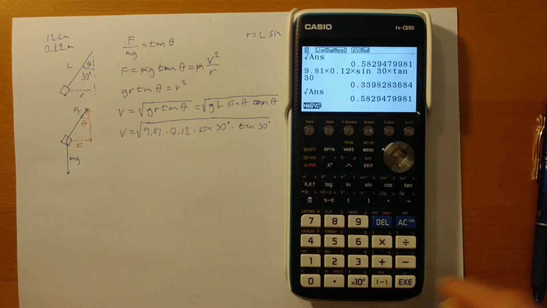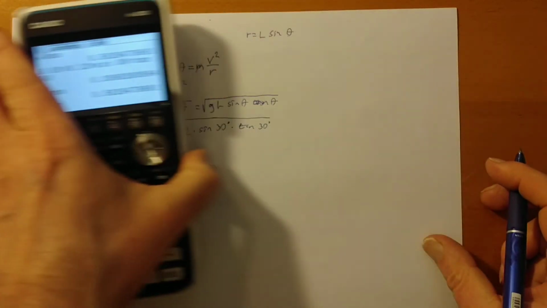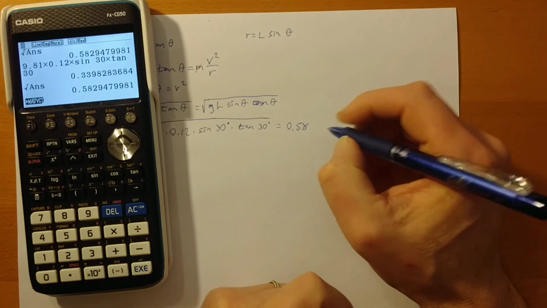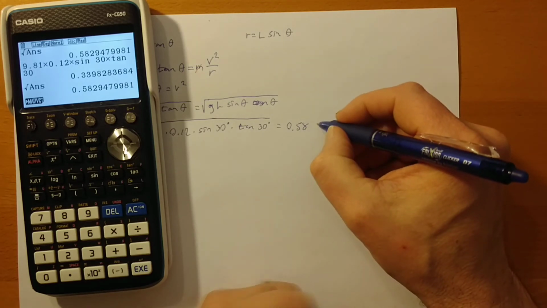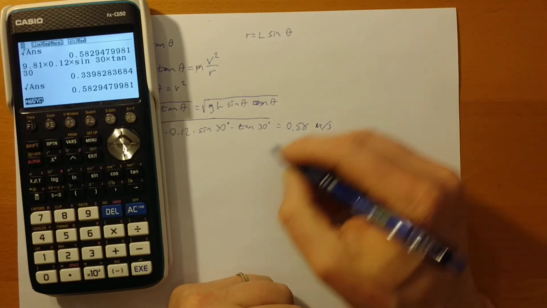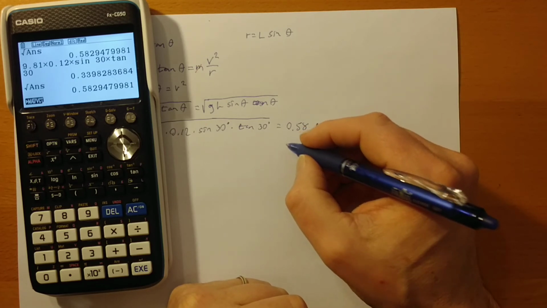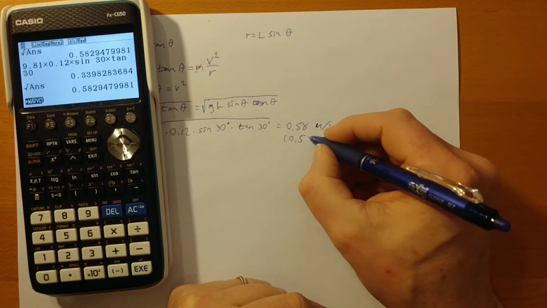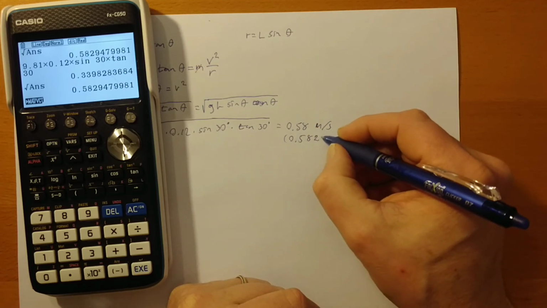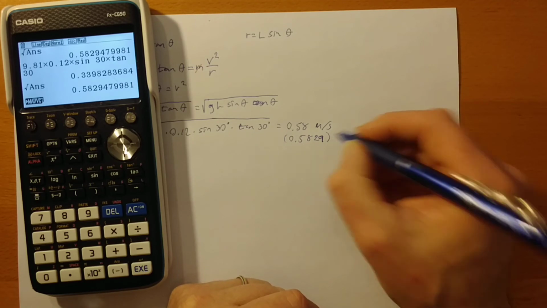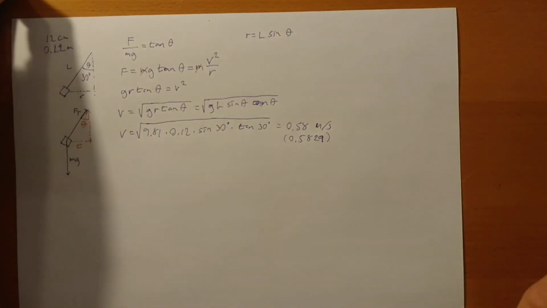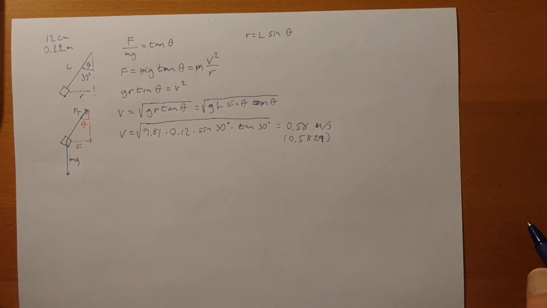That gives us a velocity of 0.58 meters per second. So that is our velocity right here, 0.5829. We keep that for further calculations, unless we can use the answer directly on the calculator. Okay, so that will be our velocity.